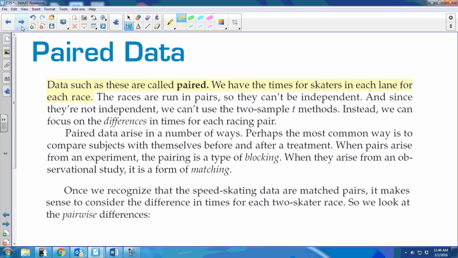Some vocabulary. If you have pairs, we can just call it paired data, but you'll see other terms. When we did experiments, we had blocking. Let me remind you that when you blocked something, it's because you picked a particular characteristic and you ran the entire experiment in both of those blocks.